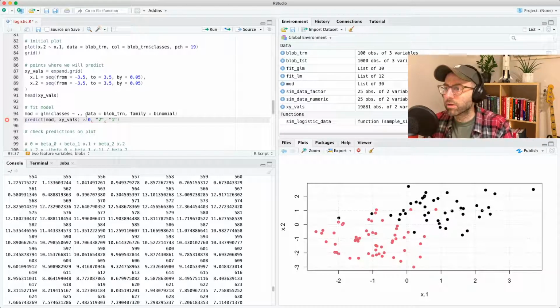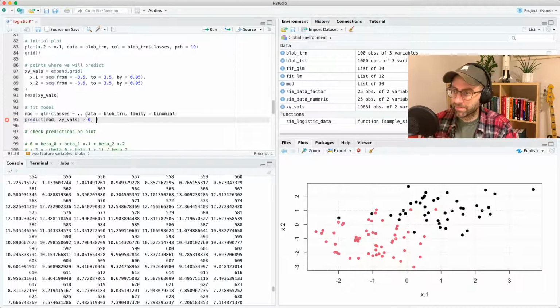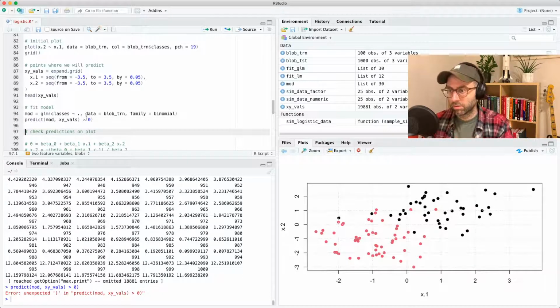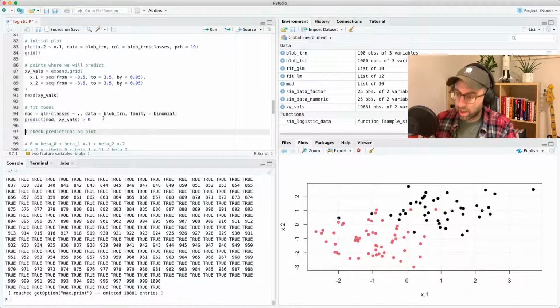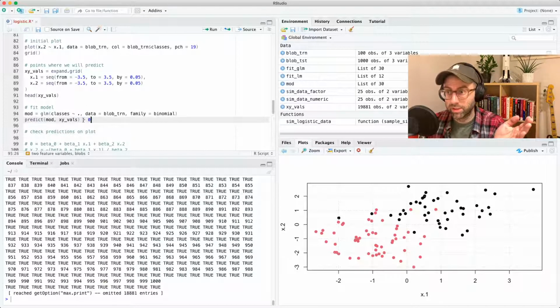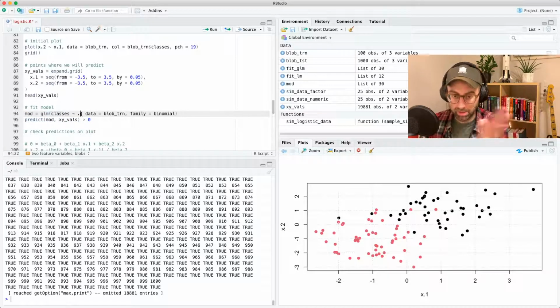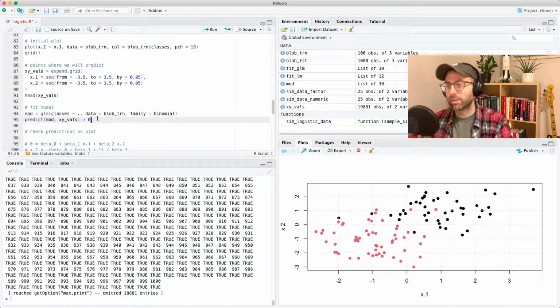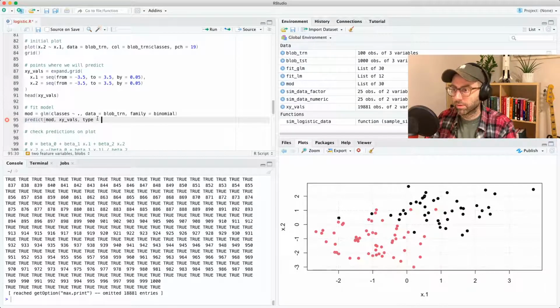This is true if this condition is met. That is, the estimated linear combination of predictors is greater than 0. Actually, let's do this the other way first. I'm going to show both. So let's do type equals response, and I need a close paren, right?